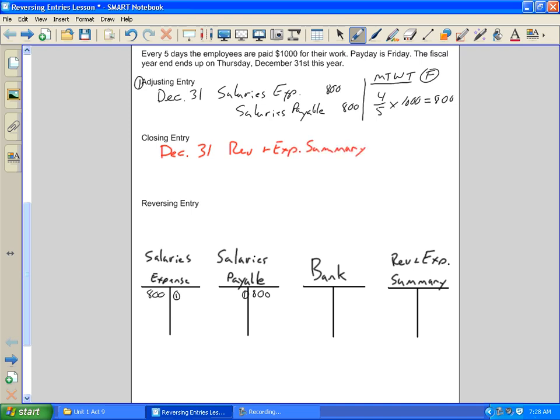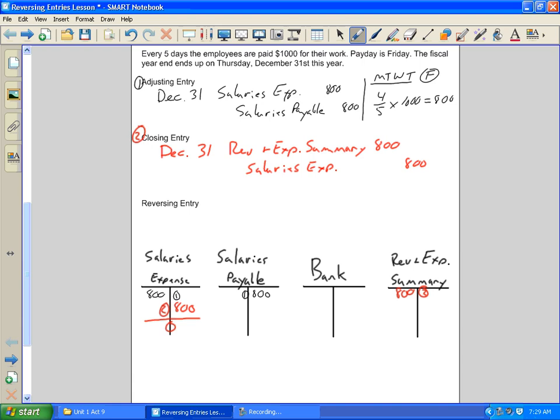Okay, and then we have to credit salaries expense. Now, that would look like this in T account form, or in our ledger anyway. So 800 and then 800. Essentially making the salaries expense a zero balance.